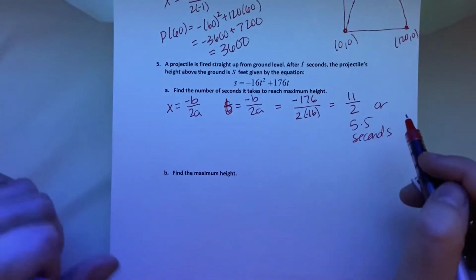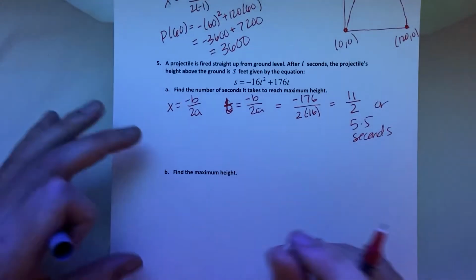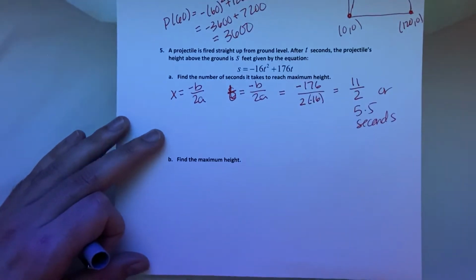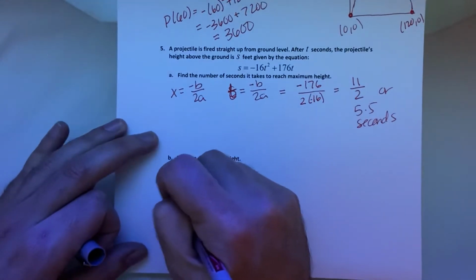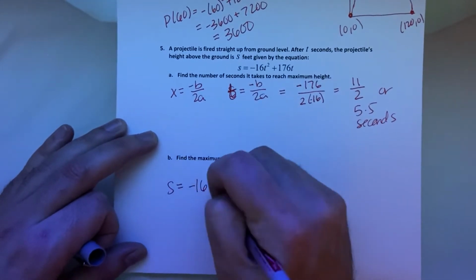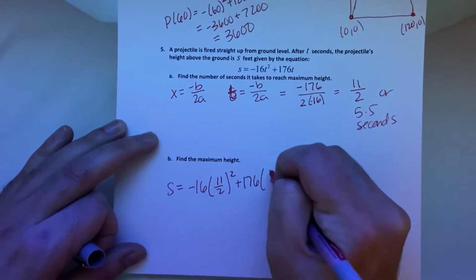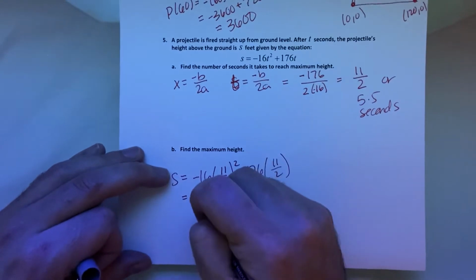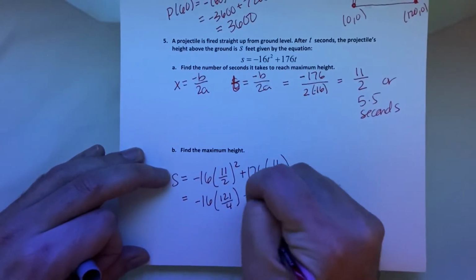So 5.5 is useful for us, but when we plug back in, we would rather use the fraction, and we'll see why. So find the maximum height. That's really asking for the s value, or the y value, at 11 over 2. So s equals negative 16 times 11 over 2 squared plus 176 times 11 over 2. Squaring 11 over 2 is 121 over 4.